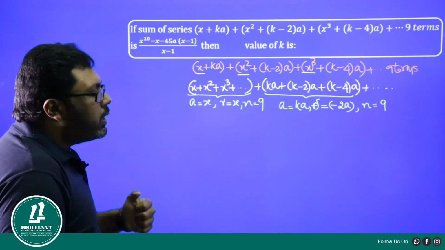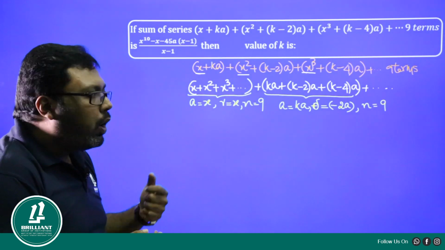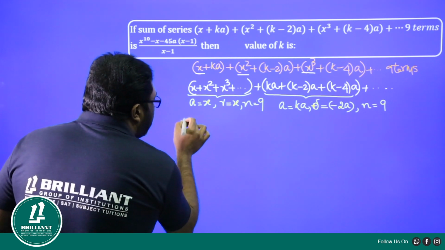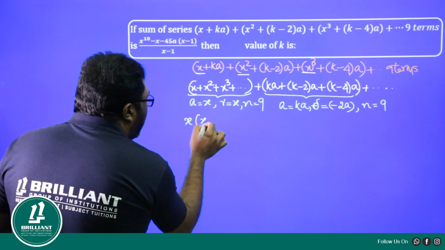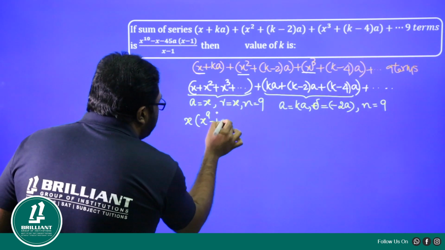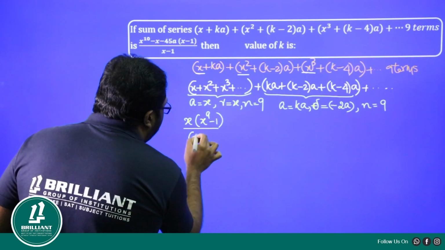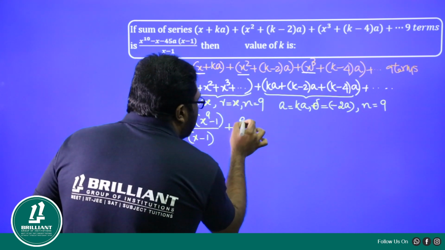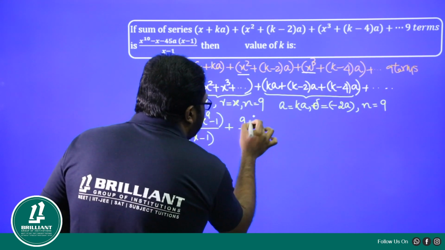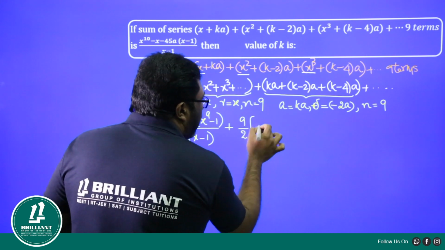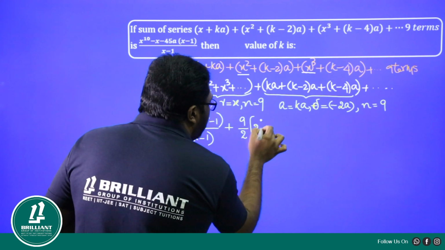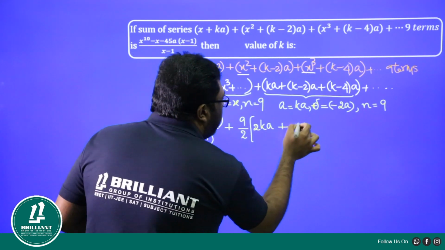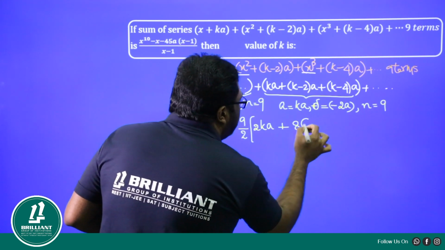So what is the sum of terms of a geometric series? The formula, you know the formula? The sum is a into r raised to n minus 1 divided by r minus 1, plus the number of terms, over here 9 by 2 into 2a, what is 2a? 2ka plus (n - 1), 9 minus 1, 8 into d.